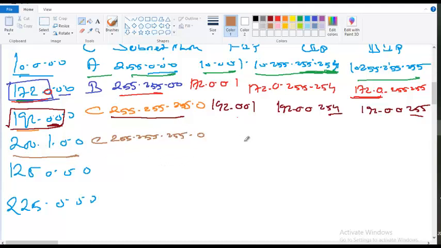The first IP is going to be 200.1.0.1. In this, 3 octets are network, so the broadcast will be 200.1.0.255. And the last IP will be one less than 255, which is 200.1.0.254.